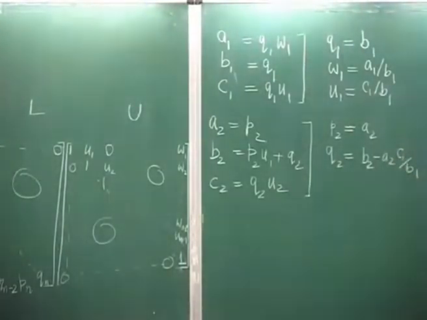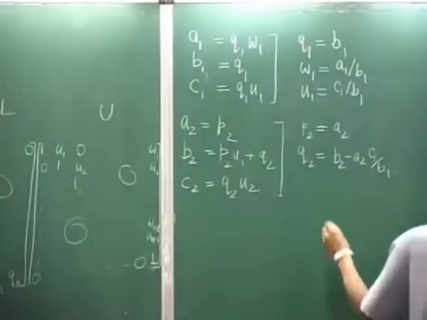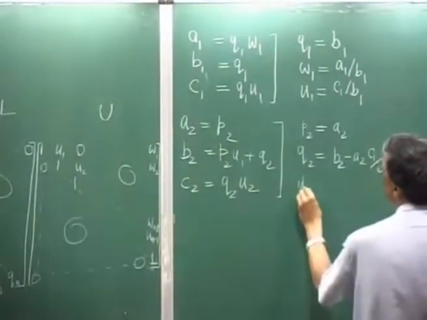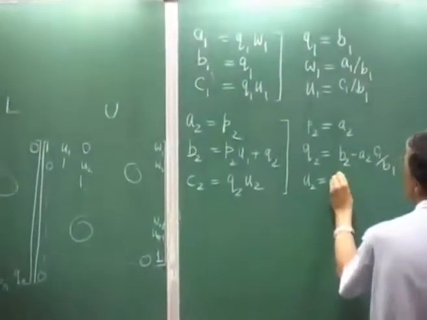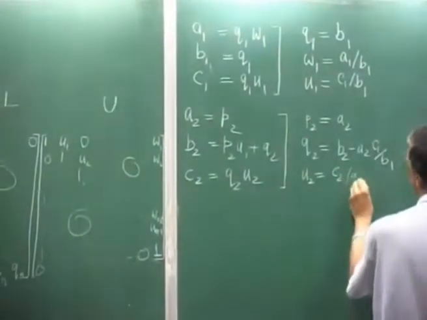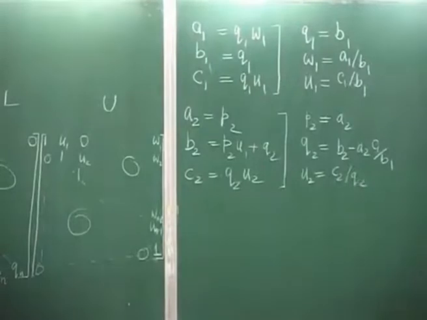So, that is what we should get as Q 2, and finally, you would like to get U 2 equal to C 2 by Q 2. So, Q 2 is here. So, you can substitute and you are done. Okay. So, this is the usual way of doing it.